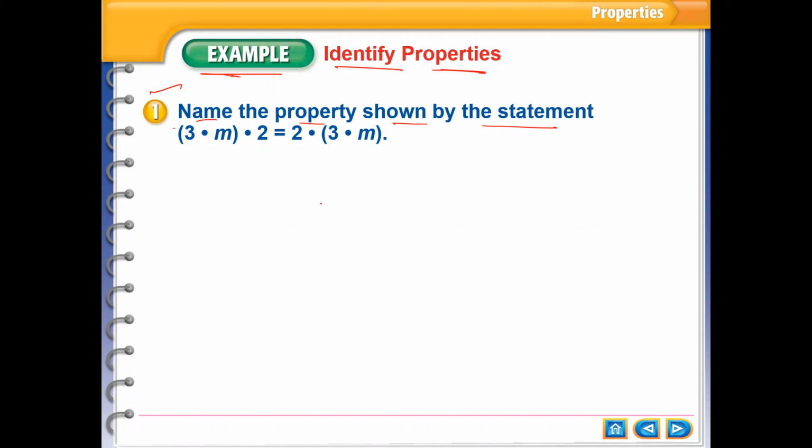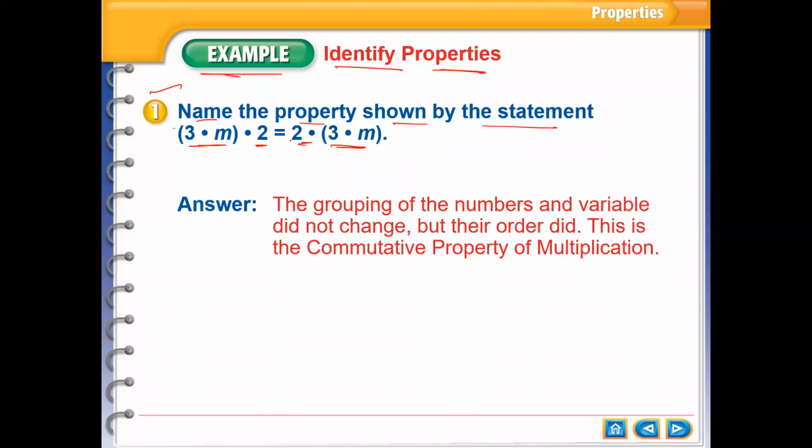So look at this. Here we are first multiplying 3 with m, then we are multiplying 2, and then again 3 and m are in bracket, then we are multiplying 2. First of all, look at this, and then I'll tell you.